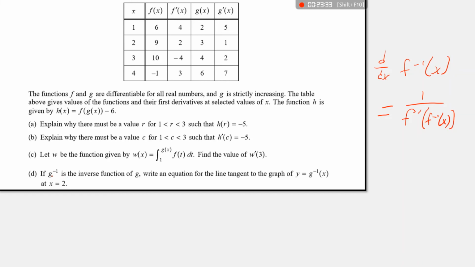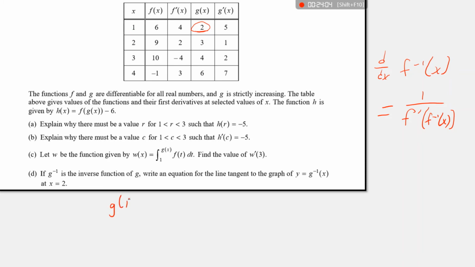So by definition of an inverse, at x equals 2, if 2 is my input for the inverse, then that should be my output for the original function. So that means my output for the original here was 2, which means my input for the original was 1.